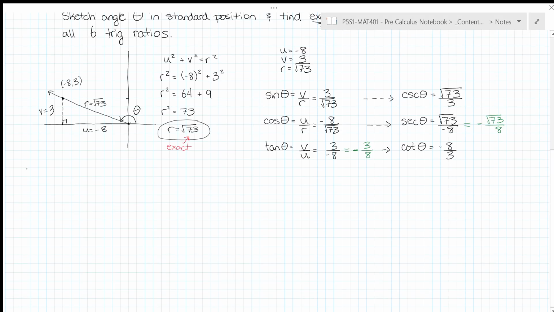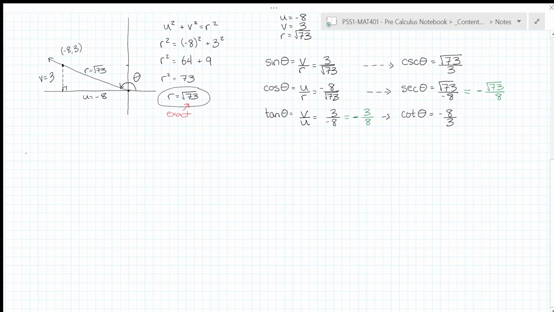So one last quick example that you'll see in the book. Another way I like to ask these questions is: find the 6 trig ratios for angle theta.